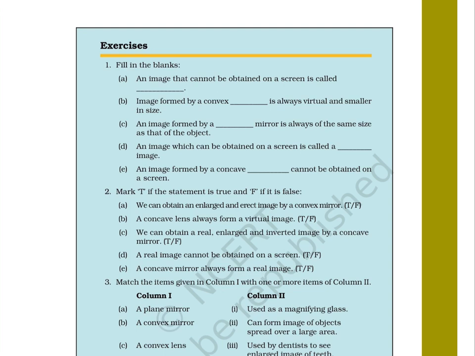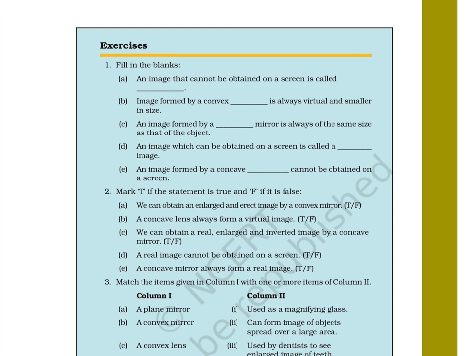C. An image formed by a blank mirror is always of the same size as that of the object. D. An image which can be obtained on a screen is called a blank image. E. An image formed by a concave blank cannot be obtained on a screen.